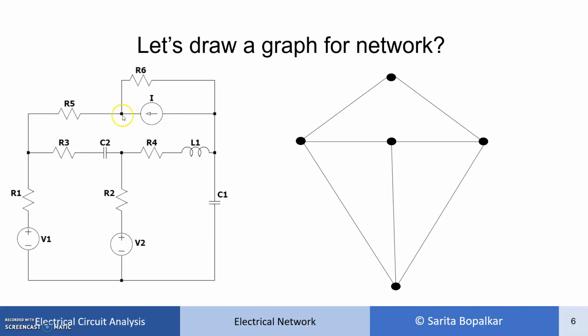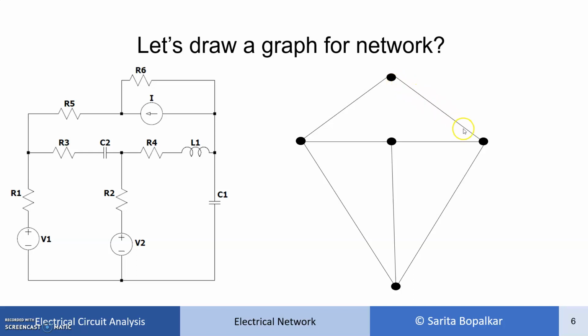So even though between this node and this node there are two branches, one holds the element R6, another holds the element current source, we are representing only R6 by a line segment, and for the current source there is no need to draw a line segment because we are replacing current source by open circuit. Now instead of current source, if there is a voltage source, what you can do?